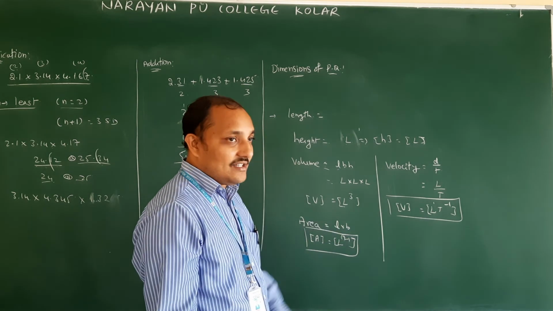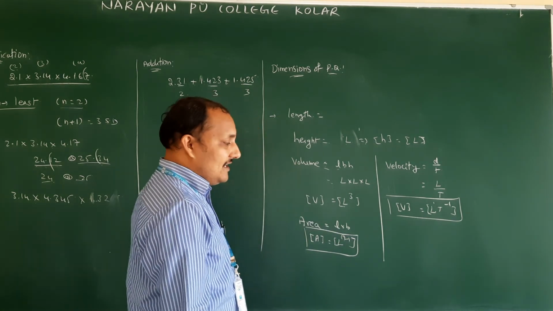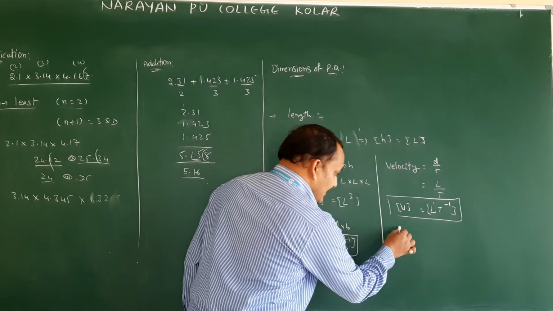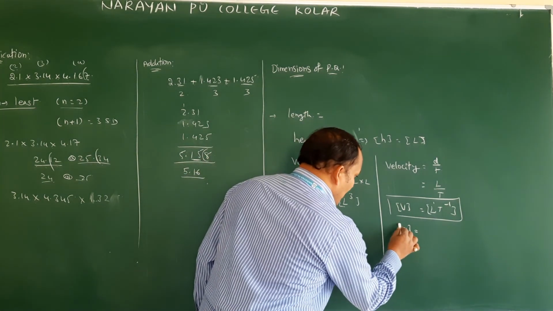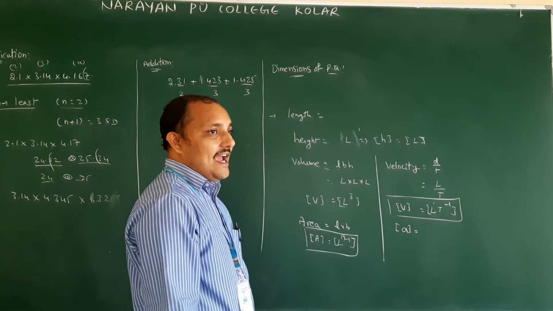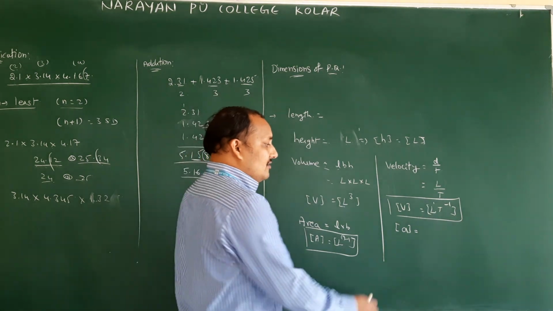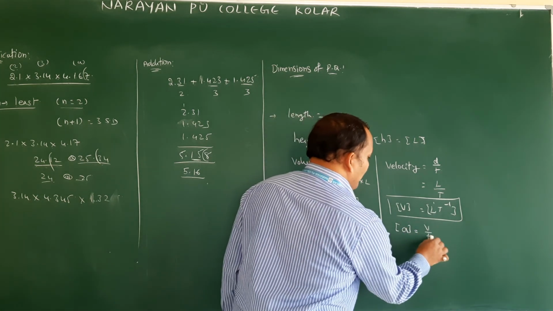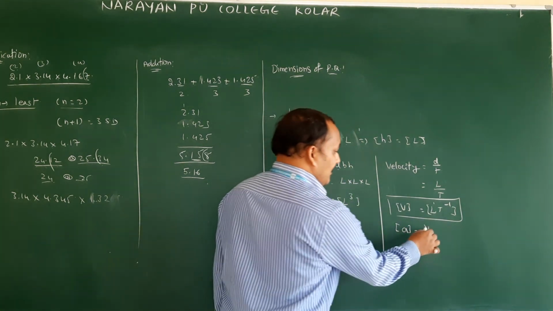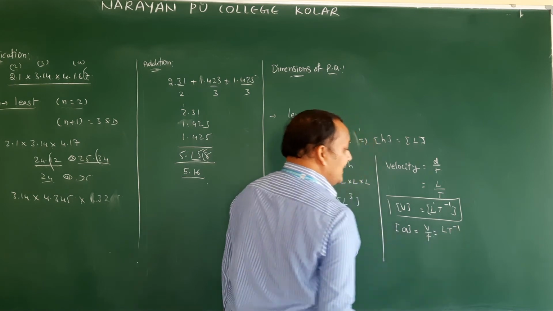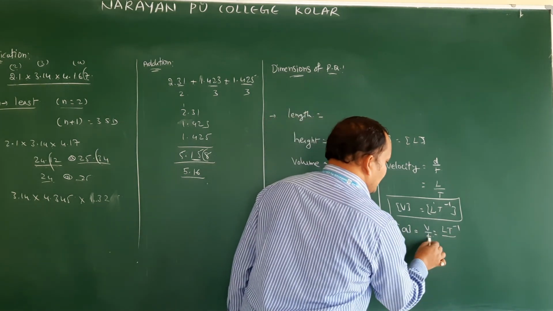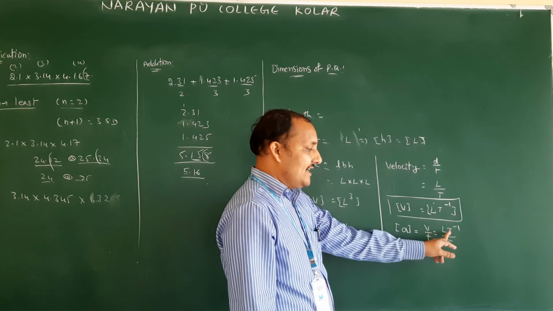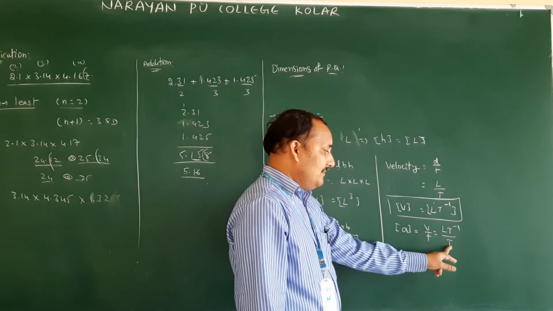So for any other physical quantity, I will write the dimensional formula. Let us assume you came to acceleration. What is the dimensional formula for acceleration? What is the acceleration definition? Velocity by time. Velocity is L t power minus 1. Time we wrote it because velocity came from here only, L t power minus 1 directly I wrote. So time T only.